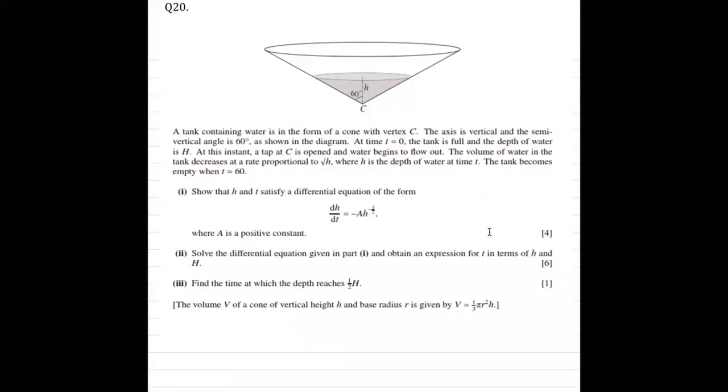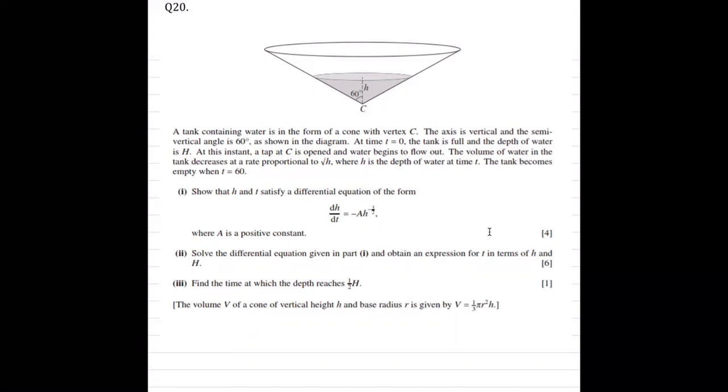A tank containing water is in the form of a cone with vertex C. The axis is vertical and the semi-vertical angle is 60 degrees, as shown in the diagram.